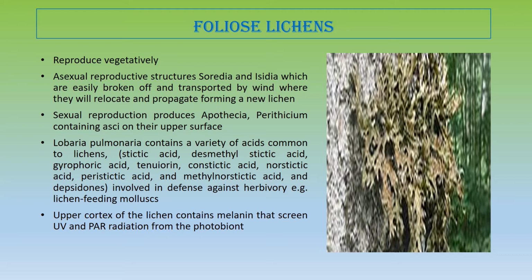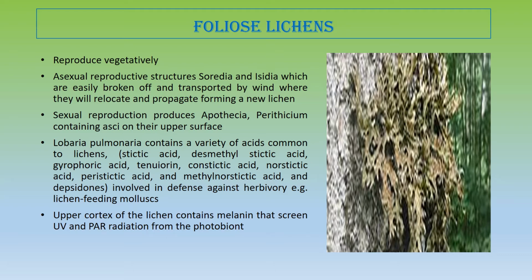Though they are functionally similar, that is, both are asexual reproductive structures, they are structurally different. Soredia are mostly globular in structure, while isidia are filamentous, cylindrical, either branched or unbranched. Soredia contain a single algal or cyanobacterial cell surrounded by filaments of fungi, but isidia contain the upper cortex surrounding the algal cells.